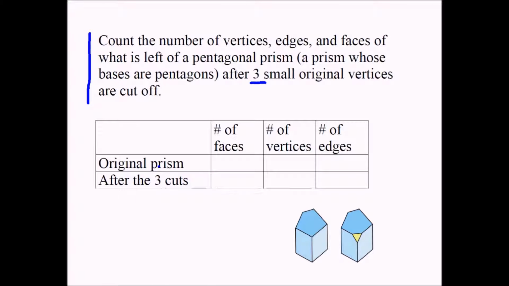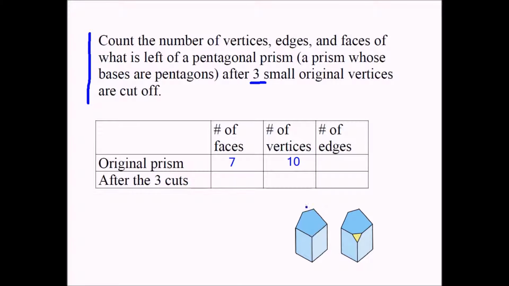What is the total number of faces, vertices, and edges of the original prism? Well, the total number of faces would be 7 because it has 5 lateral faces and 2 bases. 5 plus 2 is 7. The total number of vertices would be 5 on the top base and 5 in the bottom base, so it's going to be 5 times 2 or 10.